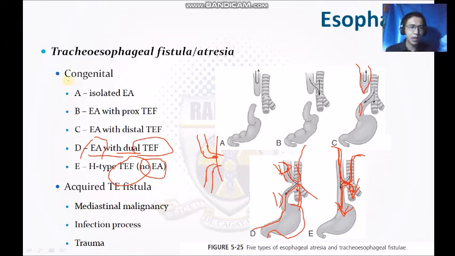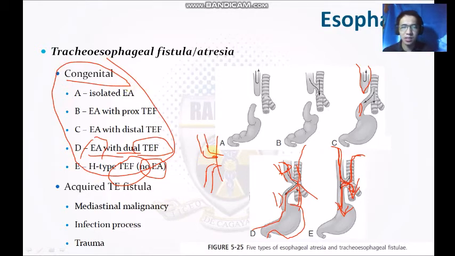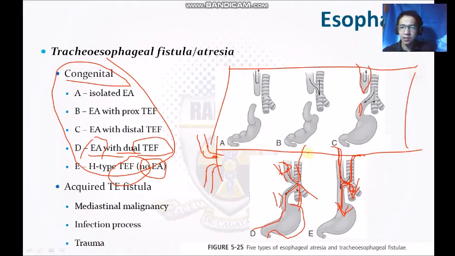Okay? So those are the congenital ones. That's why I mentioned earlier a baby, because these will be demonstrated during the early stages. These, and also this letter D, will be demonstrated during the first few days of the baby. So for example, the patient cannot swallow milk. What happened? What do you think is the reason? The patient cannot swallow, has difficulty breathing, and the baby keeps vomiting every time, for example, 1 ml is given, and most of that 1 ml would just be regurgitated back to the mouth of the patient.